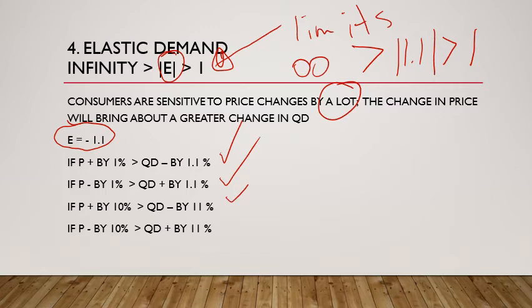Again, all we need to do is multiply E by 10. We're just moving the decimal point one space. And the last one, if the price goes down by 10%, what happens to QD? QD increases by 11%. All right. I wonder what kind of products these are.